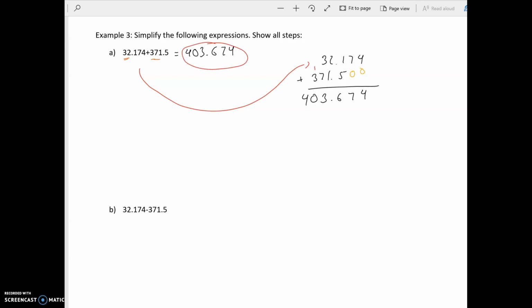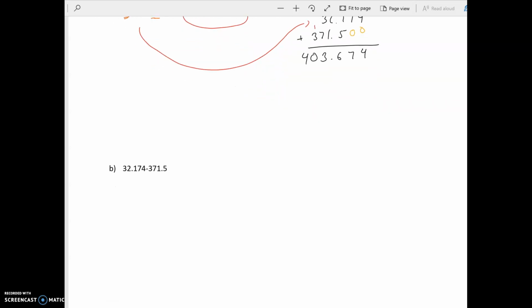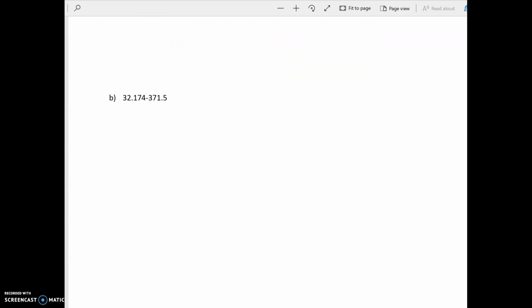Okay, let's take a look at problem B. And in problem B, what we technically have is a subtraction. And this particular subtraction, notice that if you read it from left to right, you're subtracting 32.174 minus 371.5.